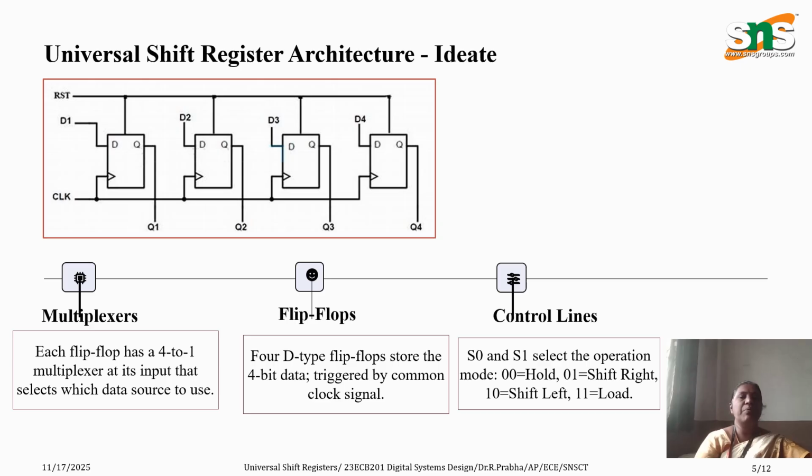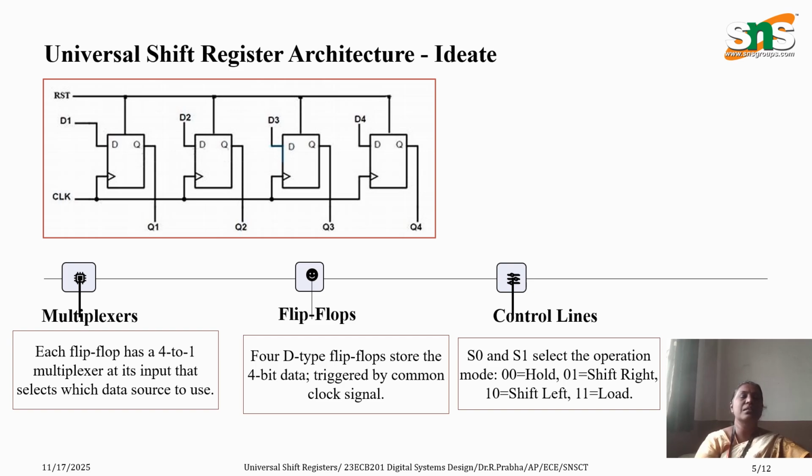In the design part, it consists of four basic operations: hold operation, shift right, shift left, and parallel data. To select all these operations, we need a multiplexer. Here we have four operations, and at a time, one operation has to be selected. So we need a 4x1 multiplexer to select one of the four operations.